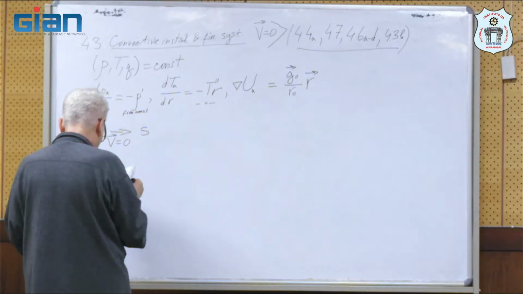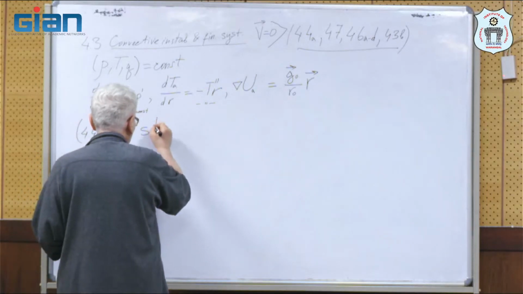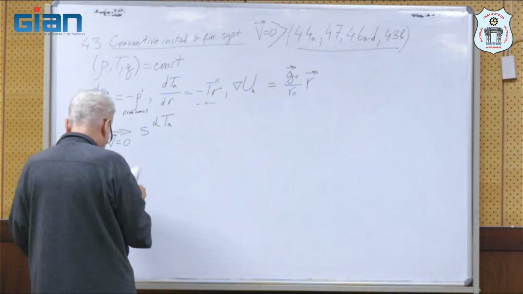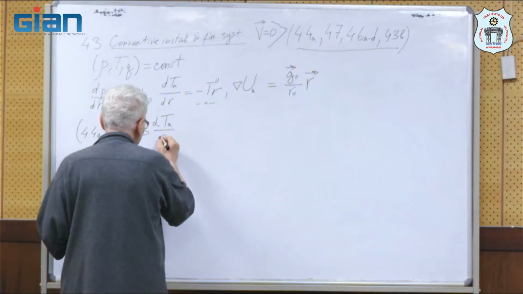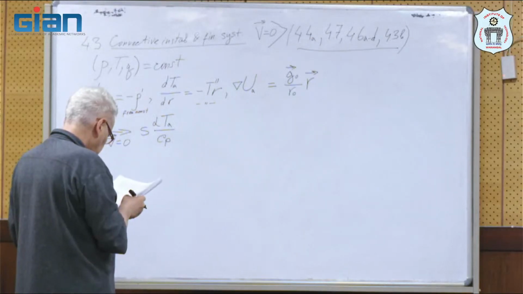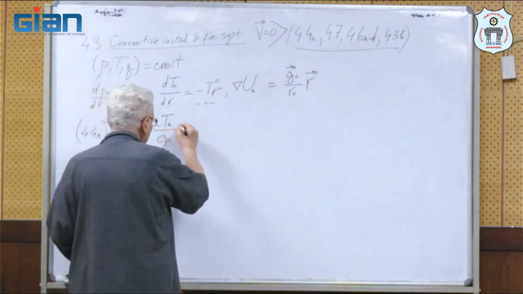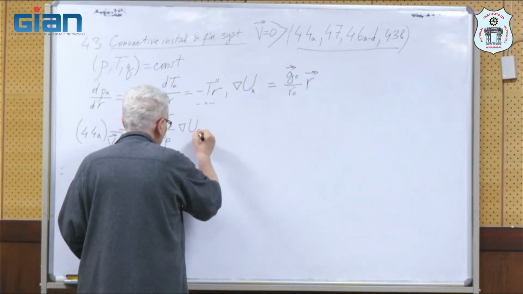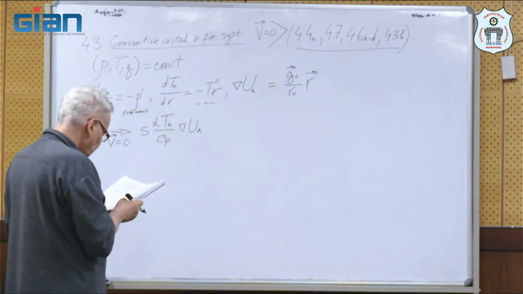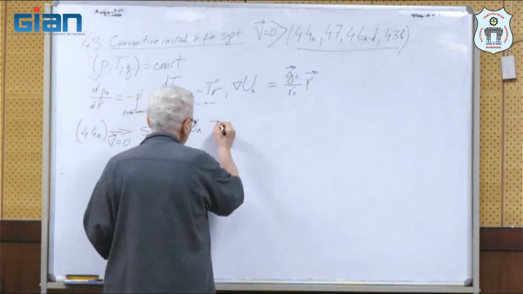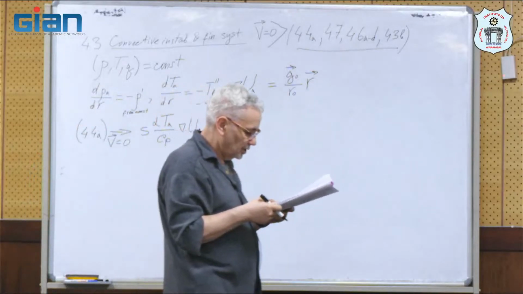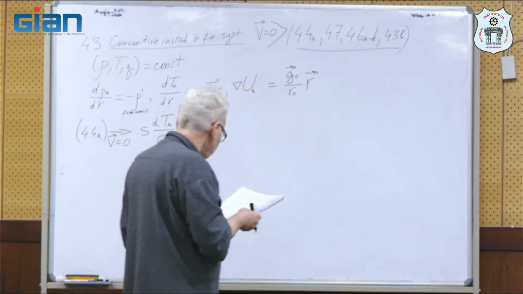entropy, alpha T adiabatic over Cp, grad U A. This is one term. And another term, of course, is the modified pressure. I just place it in another part of the equation to make it symmetrical.